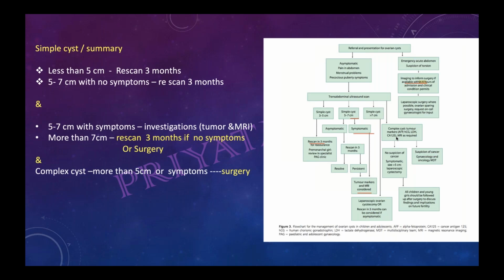If there is cancer suspicion, then refer to onco-MDT. If there is no suspicion of cancer and it is more than 5 centimeters, or the patient has symptoms, then surgery. Anytime we have cancer suspicion, the answer will always be referral to onco-MDT only.